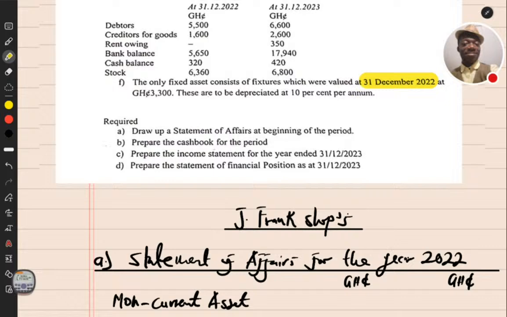And you know that depreciation is provided at the end of the year. So even though we know the value as at 31st December, the depreciation that was supposed to be charged as at 31st December 2022 has not been calculated.